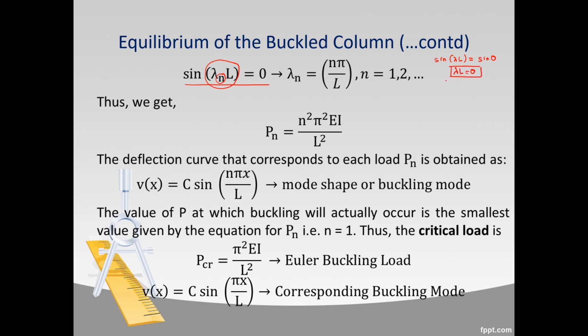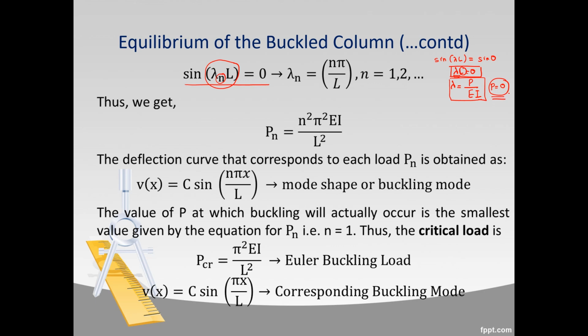Now lambda, what we have taken is the square root of P by EI. Since the length cannot be 0 here, lambda should be 0, and for lambda to be 0, the load acting on the column should be 0. So this is not the case that we are trying to enforce here.